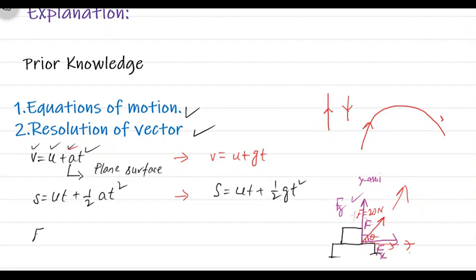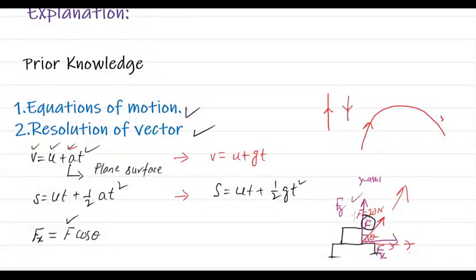So where we need to resolve a vector into two components, the horizontal component is always equal to F cos θ. What is F over here? This is the constant vector, like this one, which has been resolved into its components.